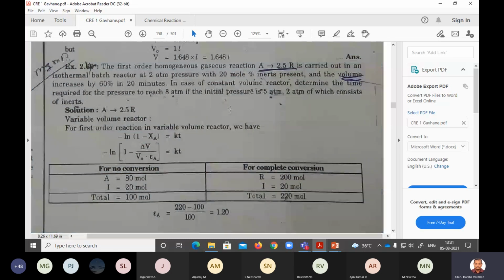As long as he gives you liquid phase, there is no need to do that. Only for a gas phase, the volume will be changing because you are trying to keep the pressure constant. A gives 2.5 R.